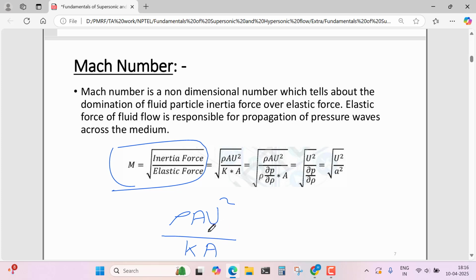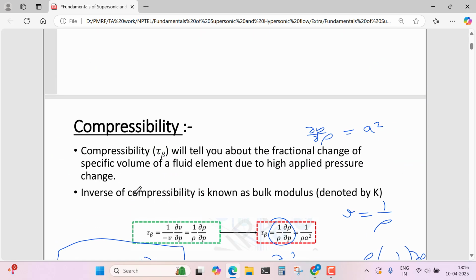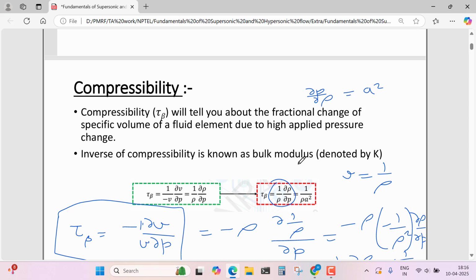And one thing I forgot to tell before, that inverse of compressibility is also known as bulk modulus. So if we take the inverse of this, we will get the bulk modulus. So what is K? K equal to 1 upon beta, which is nothing but rho a square.